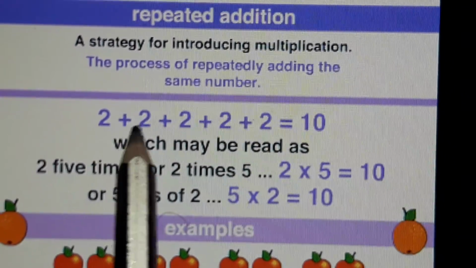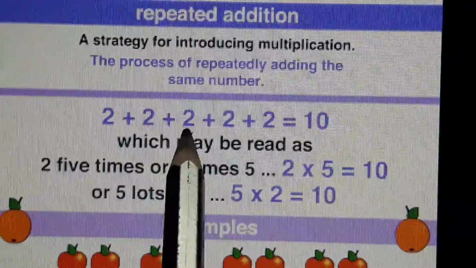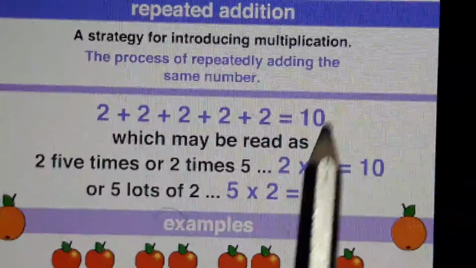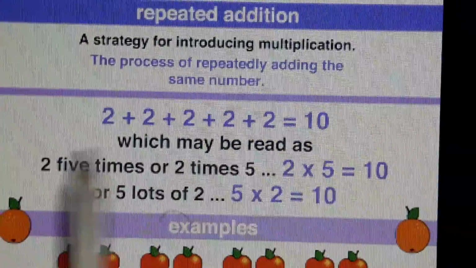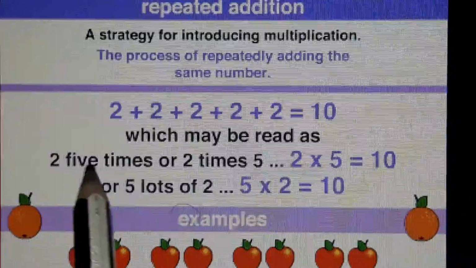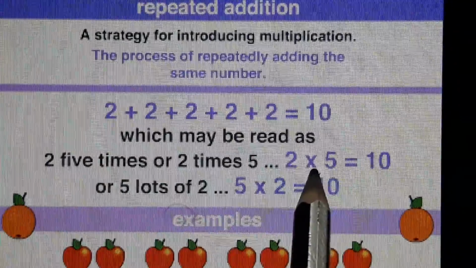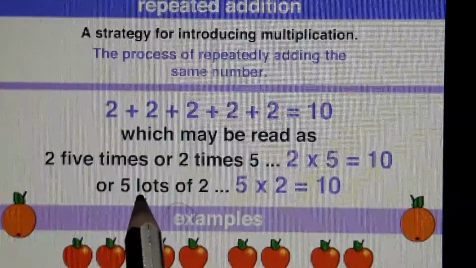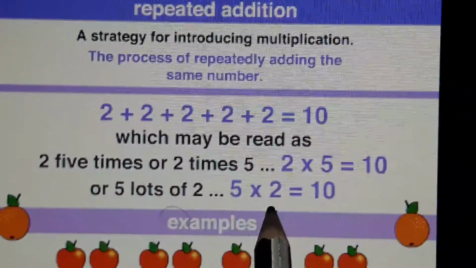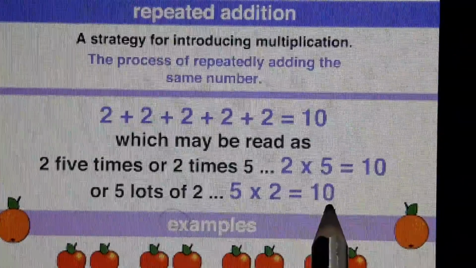That is 2 plus 2 plus 2 plus 2 plus 2. 2 plus 2 is 4, 4 plus 2 is 6, 6 plus 2 is 8, 8 plus 2 is 10, which may be read as 2 five times, or 2 times 5. So 2 multiplied by 5 equals 10, or 5 lots of 2. 5 ones are 5, and 5 twos are 10.